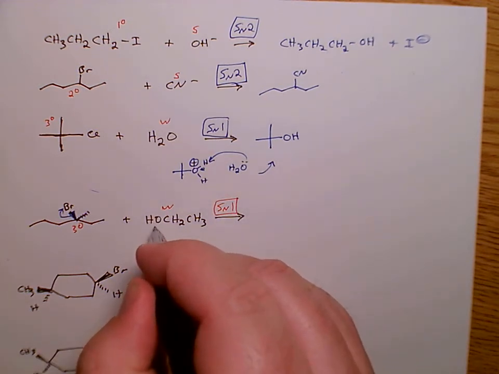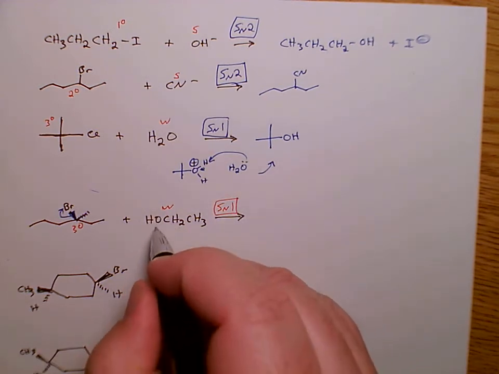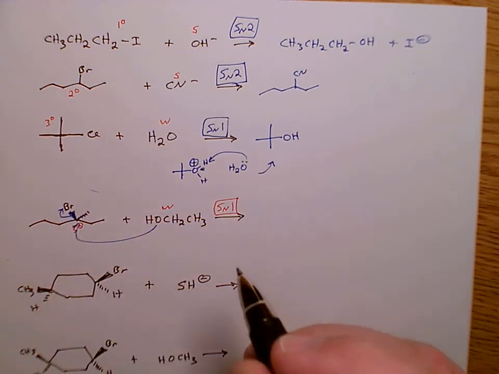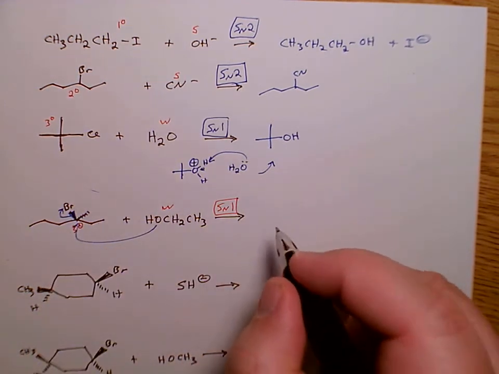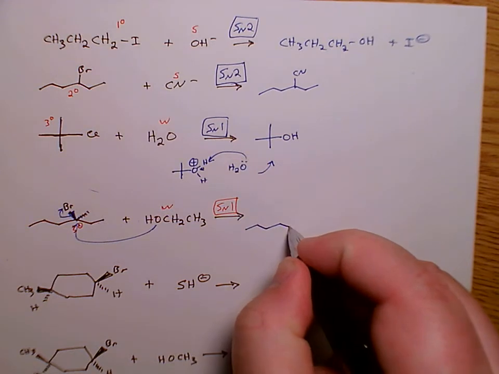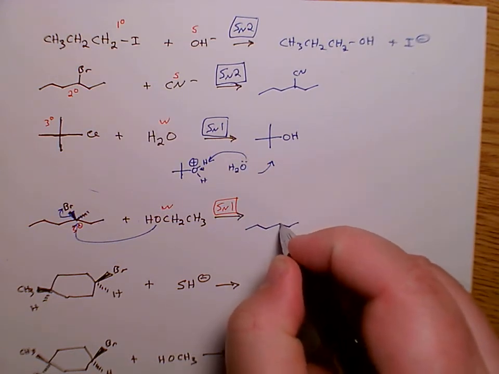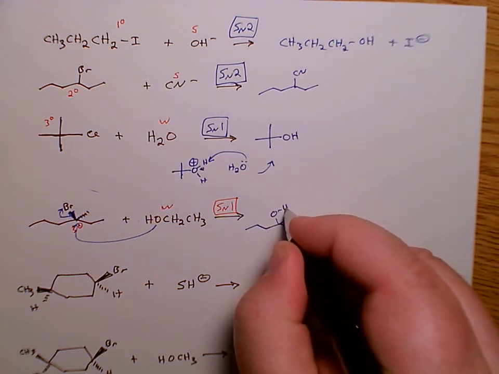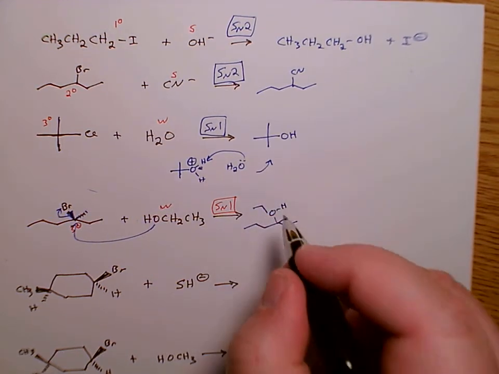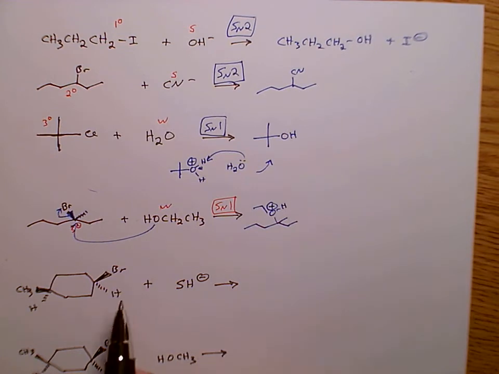Note once this guy attacks the carbocation, we're going to be left with something that kind of looks like this. Stage 3, OH, CH2, CH3, and a positive charge.